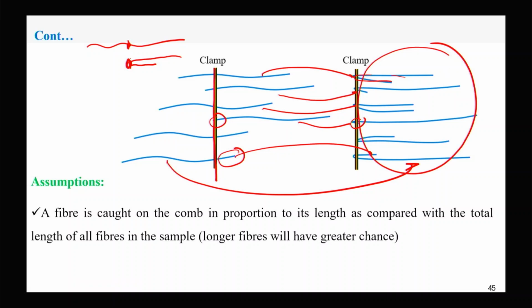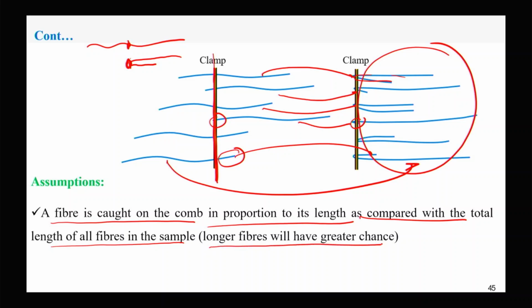So here, while picking the fiber, while taking the fiber specimen, the two assumptions are there. One assumption is that a fiber is caught on the comb, this is a clamp or comb, in proportion to its length as compared to the total length of fiber in the sample. That means a longer fiber will have higher proportion of being selected, greater chance.